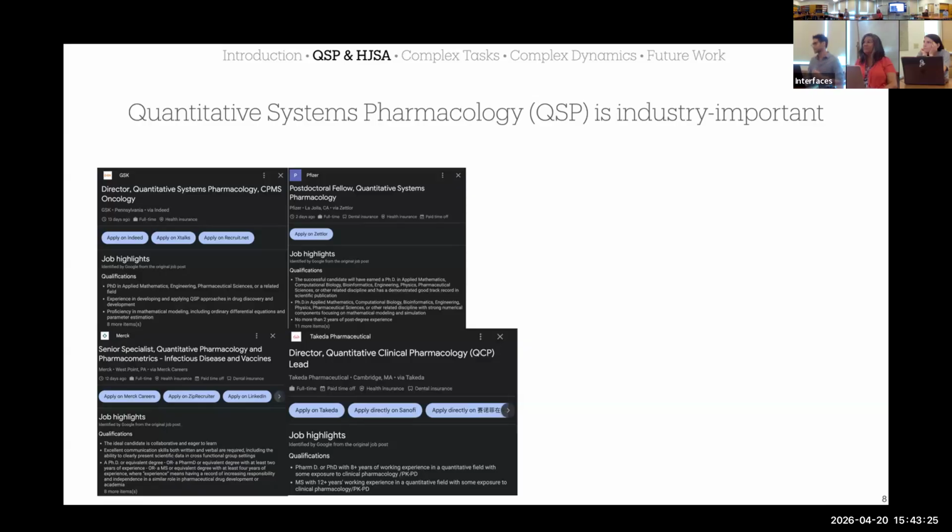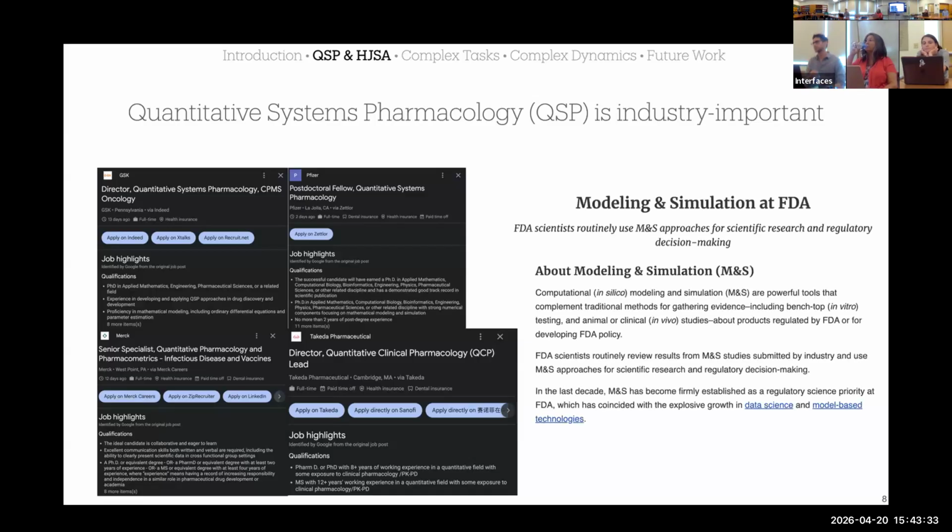You might ask, why are all these companies now investing in hiring people in quantitative fields? Obviously there's good scientific reason, and there's also good regulatory reason. The FDA is now updating its guidelines to say that they're taking evidence based on modeling and simulation. This is at the moment largely for medical devices, but my understanding is they're moving towards this in the pharmacology space as well. So these companies are really invested in building these models.